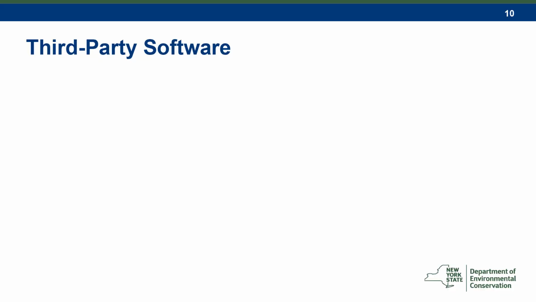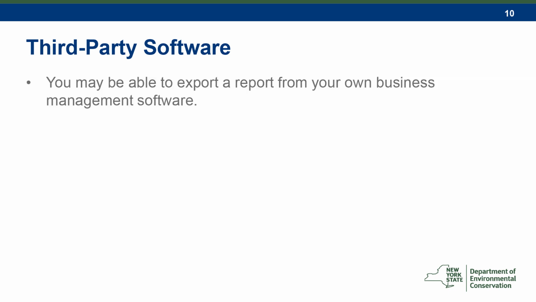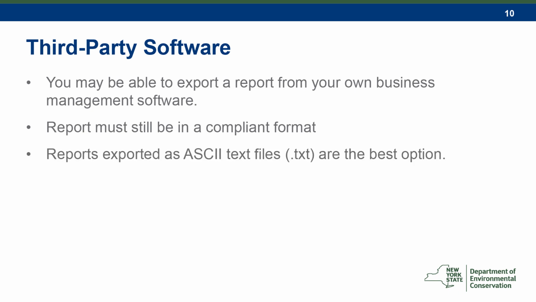If your business keeps the required records in a business management software, or what we call third-party software, you may be able to export your annual report from that software and submit it to DEC. The report must still be in the compliant format before it is submitted. The best way to get a file into compliant format is if your software has the ability to export a report as a text file.